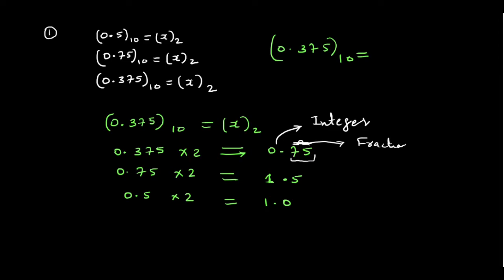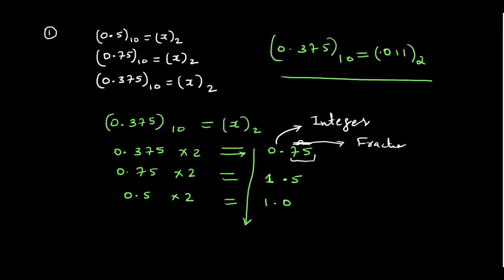From here you have to start, you have to come down. So integers one by one we have to write 0.011. This is the equivalent binary.